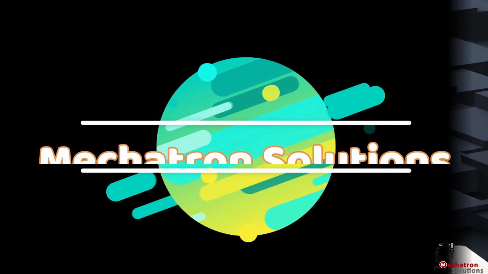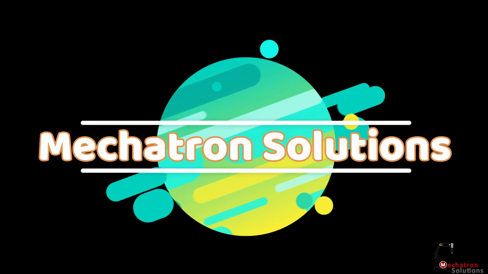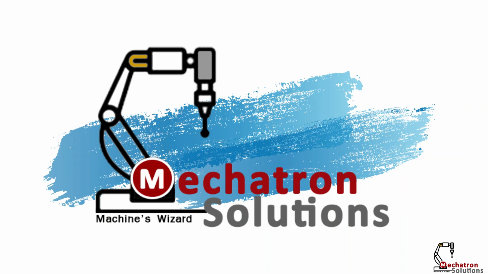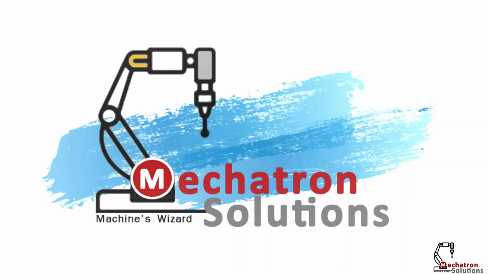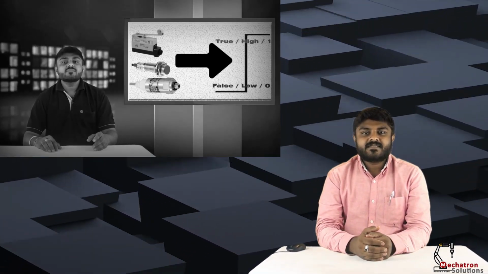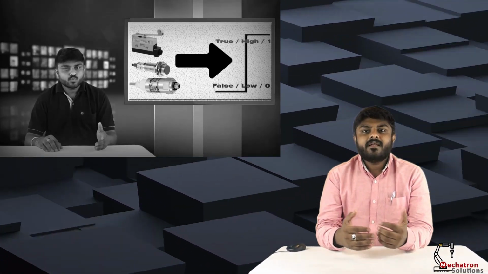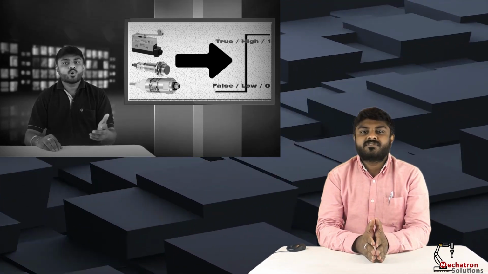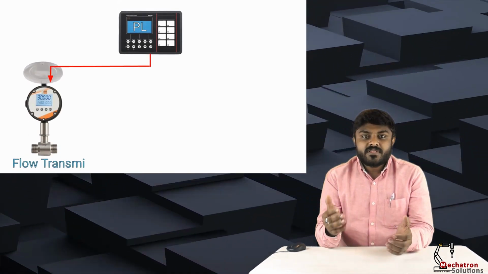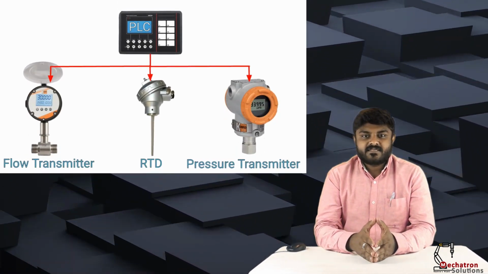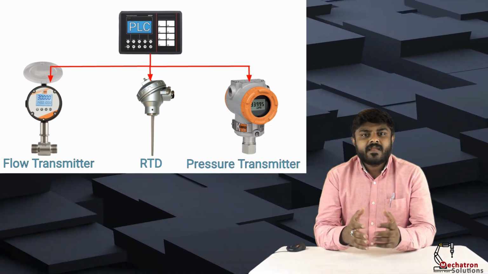In the previous tutorial, we discussed digital input and digital output of the automation system. Now in this tutorial, we discuss analog input and analog output.